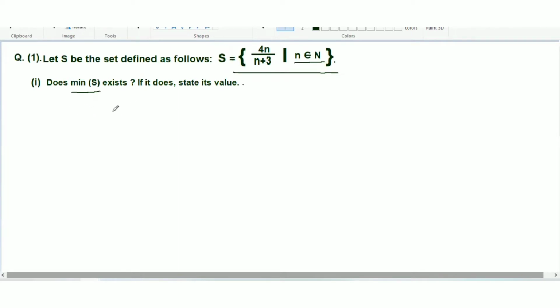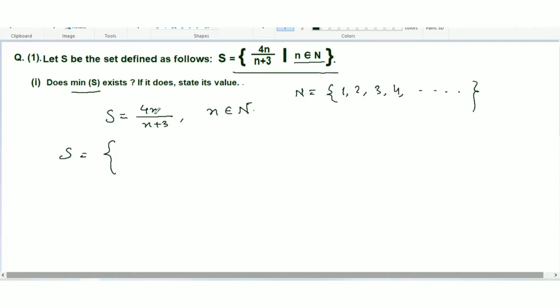S is the set 4n over n plus 3, where n is a natural number: 1, 2, 3, 4, and so on. Let's open this set and find all the values of S. Substitute n equal to 1, 2, 3, 4. When you substitute 1, you get the first value, 1.